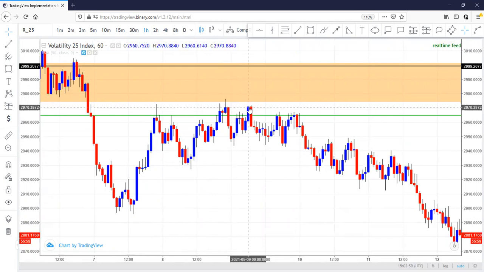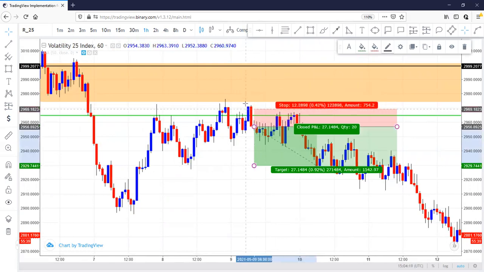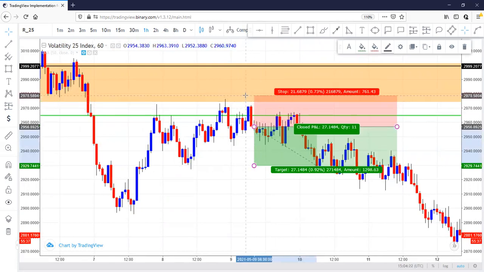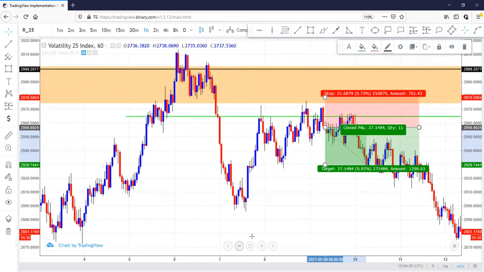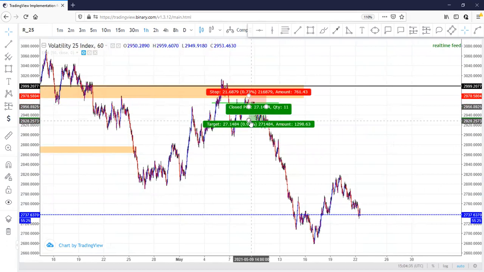Now this point did not take out this previous high, and we were given a very clean bearish candle. We have a very good bearish engulfing candle here. So this is where our entry should be, at the next candle open, right there. Our stop loss above this structure here. Then remember, we said our take profit is based on the previous lowest low.